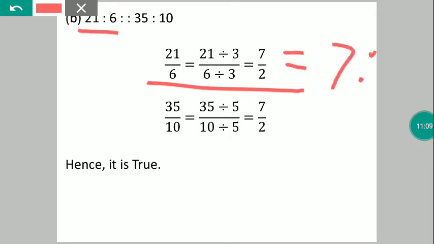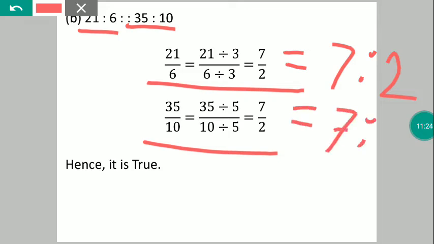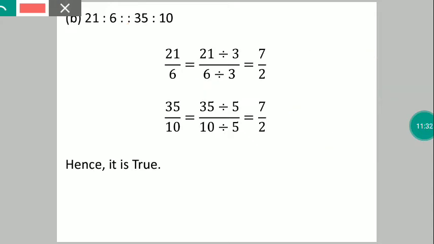So the ratio is 7:2. Now the ratio of the third and fourth quantity, 35 upon 10, which is equal to 35 divided by 5 upon 10 divided by 5, which is equal to 7 by 2, which is 7:2. Both ratios are the same. So the given statement that the quantities are in proportion is true.